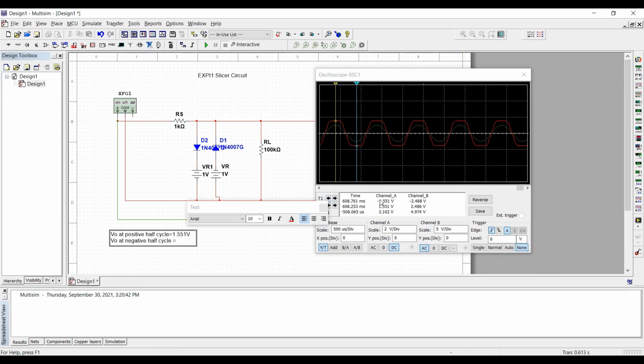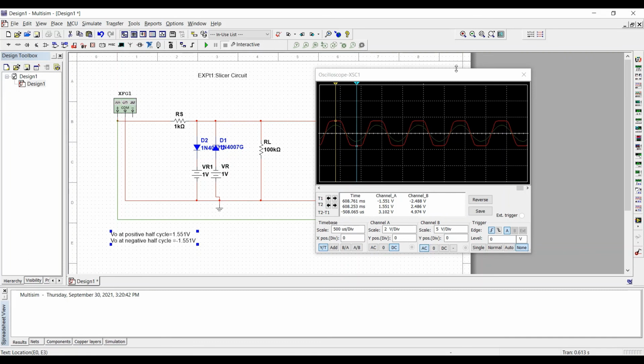T1 channel A is minus 1.551. So the output voltage is minus 1.551 volts. In this way, you can connect your circuit and just simulate it to see the output voltage. You can measure, that is interpret your output voltage to find out the practical values.